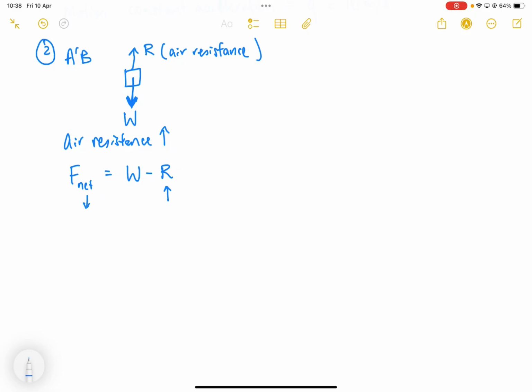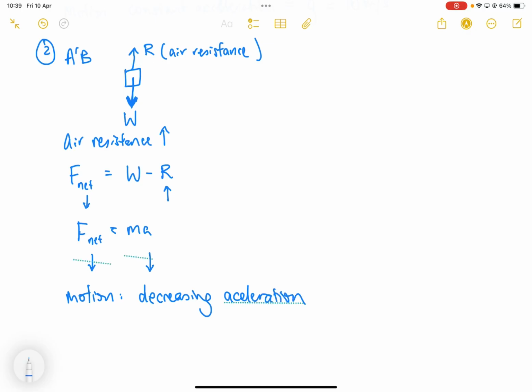Now if we use Newton's second law, if the resultant force is decreasing, what will happen to the acceleration? It decreases as well, because F equals ma and m is a constant. So when F net decreases, a also decreases. The motion now is decreasing acceleration.